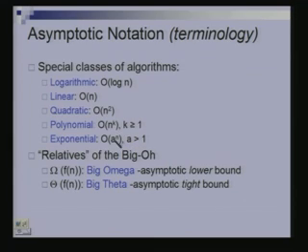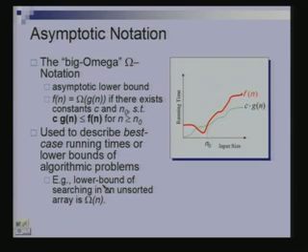So till now I have only introduced to you the big O notation. We also have the big omega notation and the big theta notation. The big omega notation provides a lower bound, right? A function f of n is omega of g of n if a constant times g of n is always less than f of n.